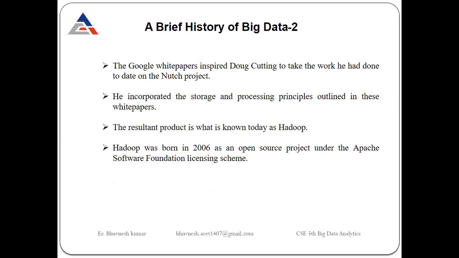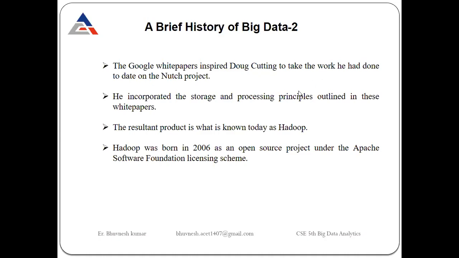Okay. The Google white paper inspired Doug Cutting to build on the work he had done to date on the Nutch project. Okay, the project name is Nutch, but the concept is of a distributed file system.